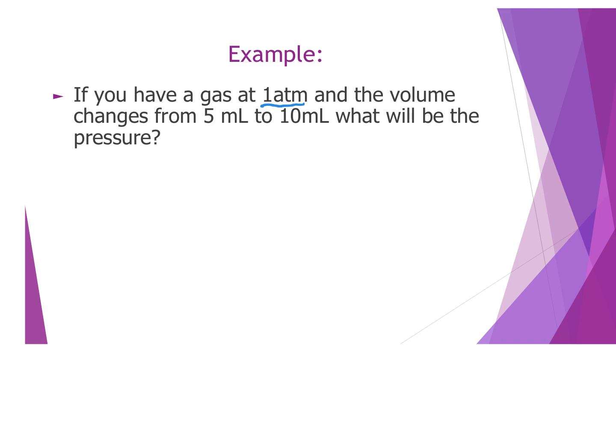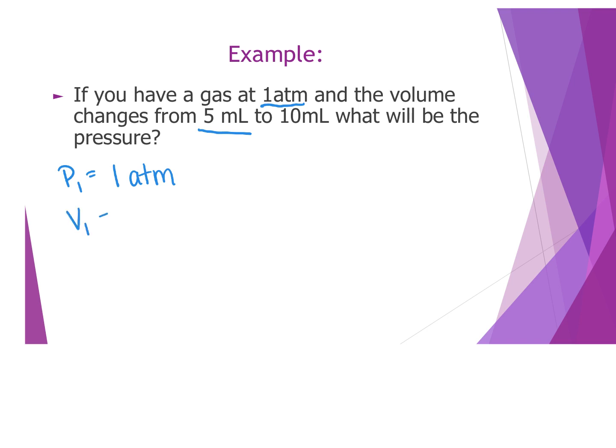The first number is 1 atmosphere. What is an atmosphere telling you? That's telling you the pressure. So P1 is 1 atmosphere. Then I'm just going to keep reading the word problem until I get to the next number. The next number is 5 milliliters. What's a milliliter telling you? Volume.